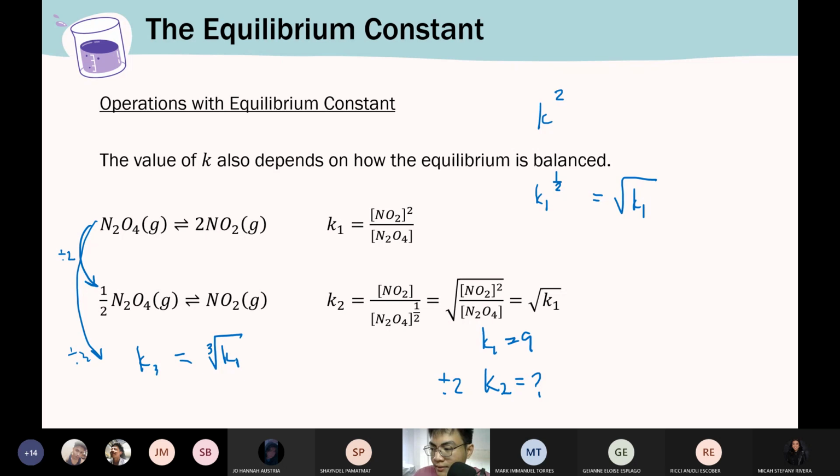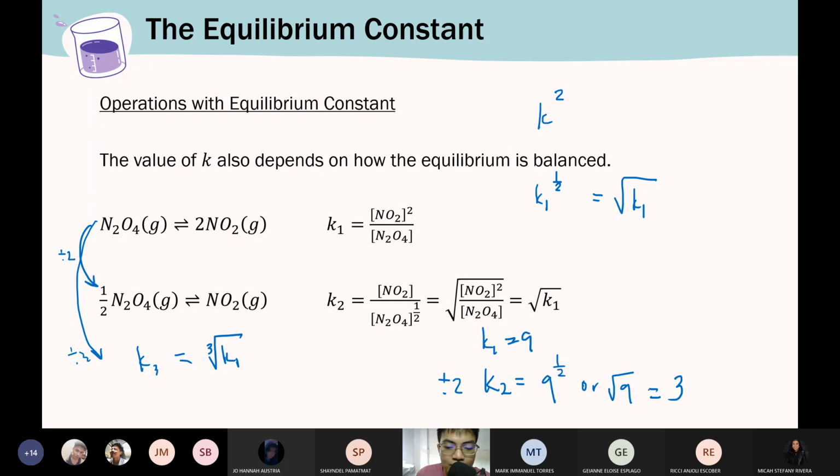So the answer is, pag dinivide sa 2, tandaan, magiging ano siya, raised to a fractional exponent. So it becomes 1 over 2 or square root of 9, which is 3.